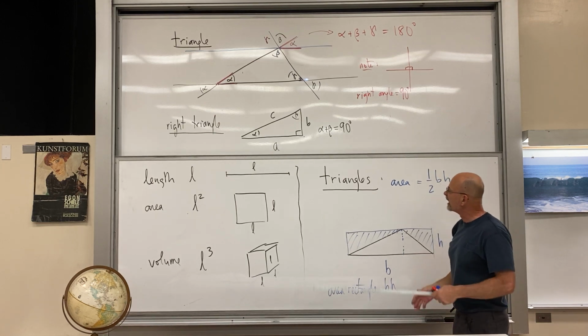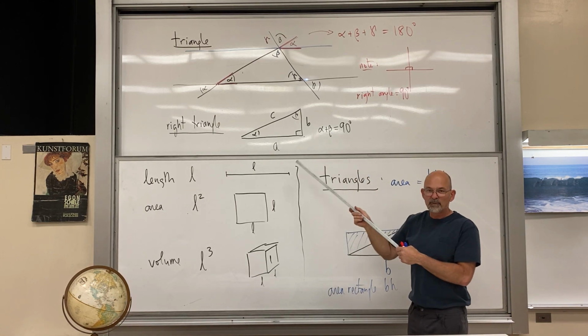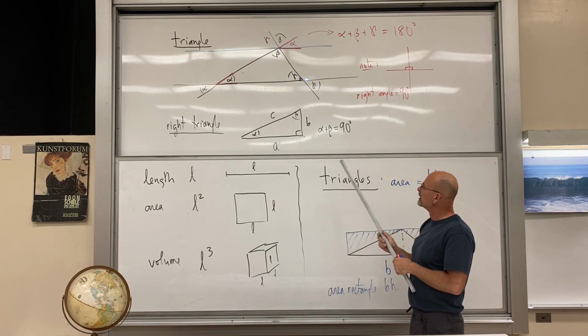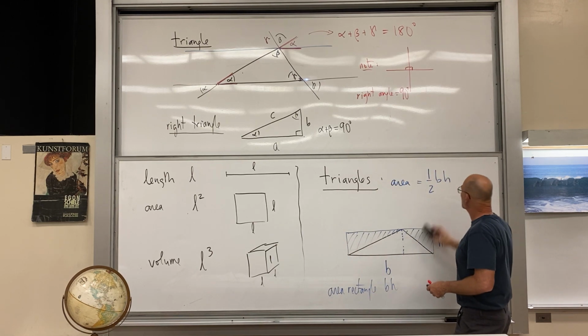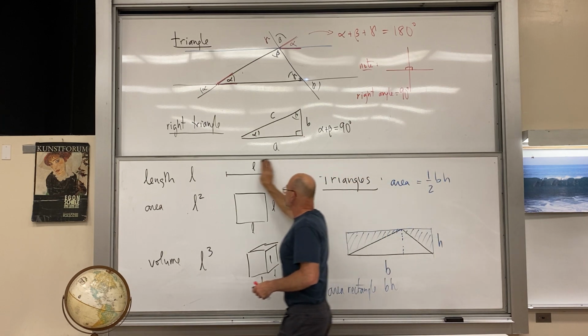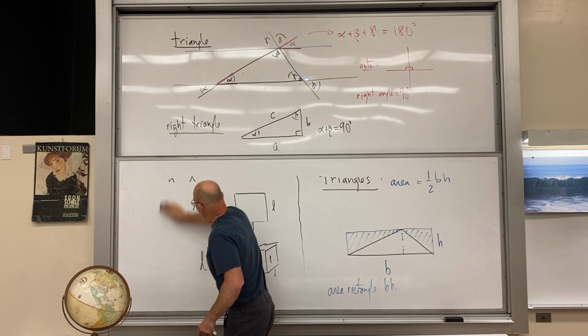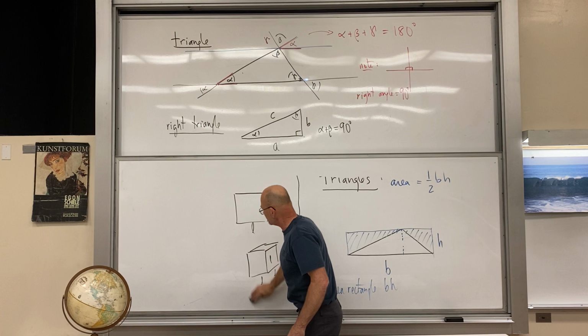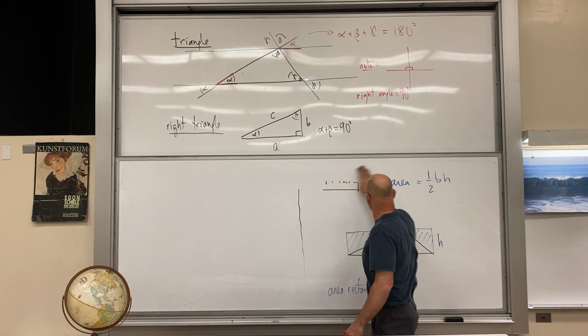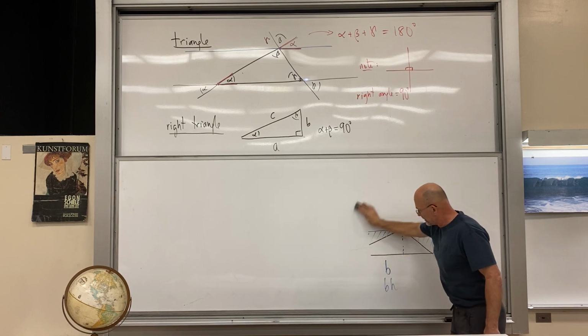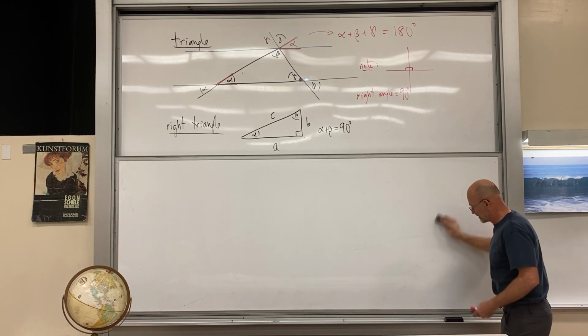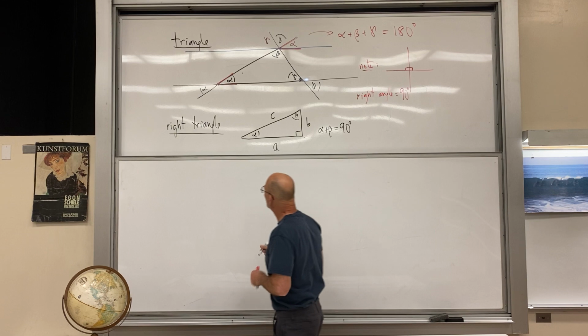Of course, the area is 1/2 a times b. We would also know that. So the next thing we're going to do is prove the Pythagorean theorem. Okay.